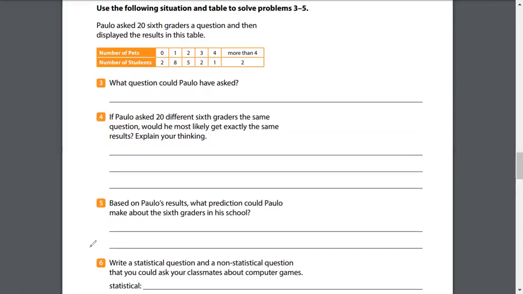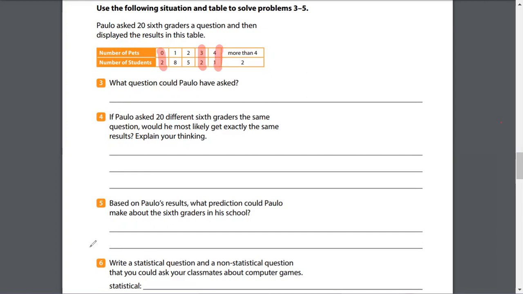And since he can make that prediction for the class, he can predict that about all the sixth graders as well. Most of them would have between 1 and 2 pets. And then somebody may ask me a question, how do you know that, Ms. Towers? Because when you go back to the chart and you see the number of students, you see 2 students have 0 pets, 3 students have 2 pets, and 1 student has 1 pet.